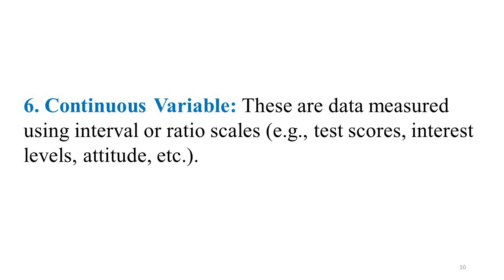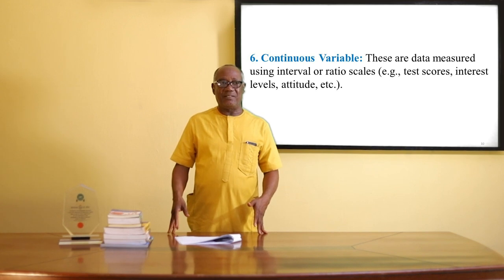Now, continuous variable. It is used to describe data which are collected using interval or ratio scales. Examples are test scores, data on interest, aptitude, and so on. Let me throw more light on this.